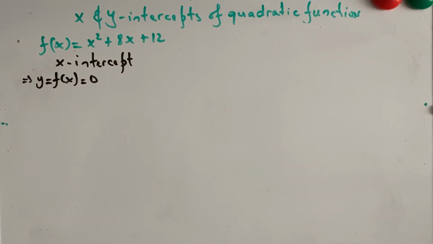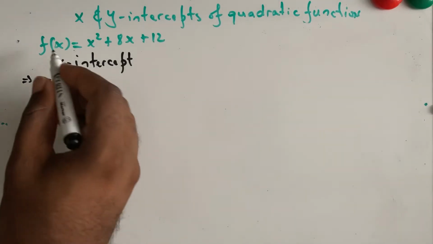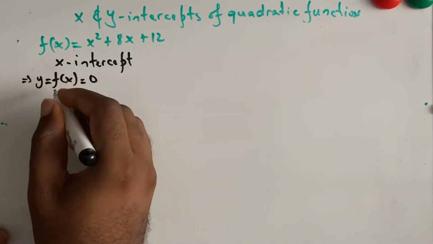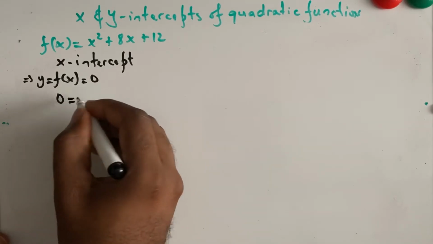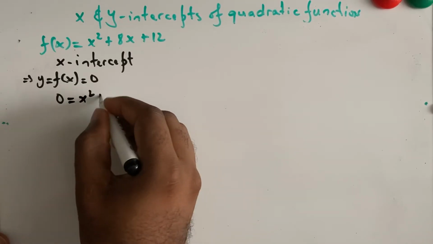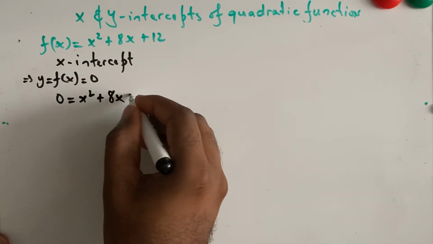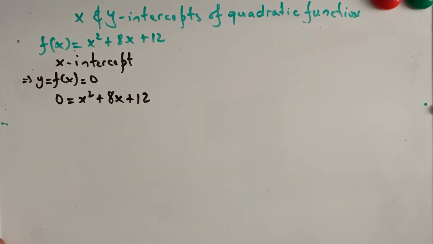So that's key here. Now what's f of x? It's right here, so I'm going to replace it by its value, which is 0. Therefore, 0 is equal to x squared plus 8x plus 12, okay?